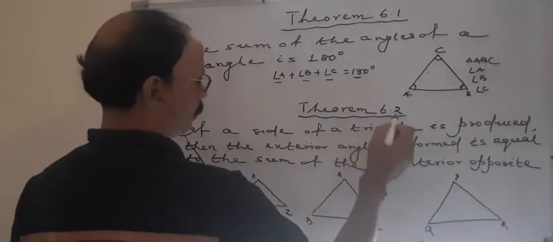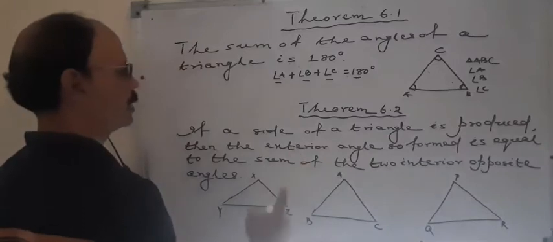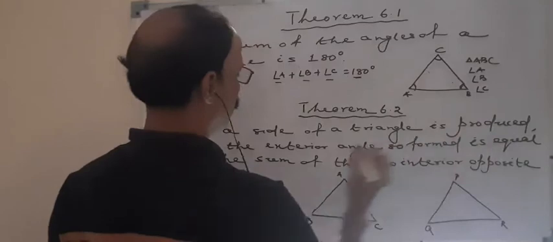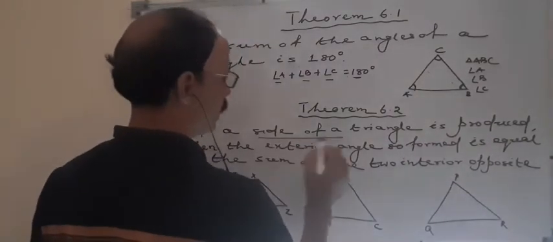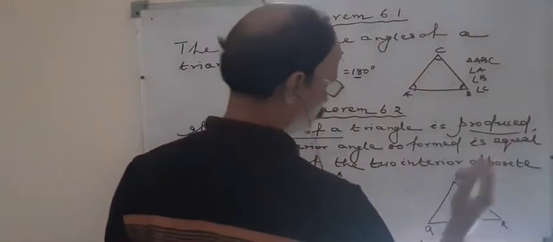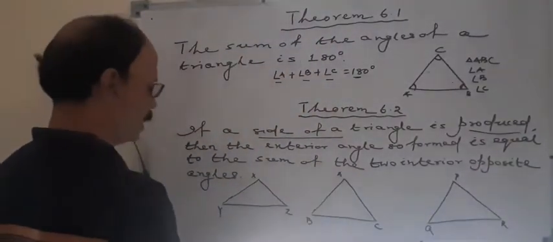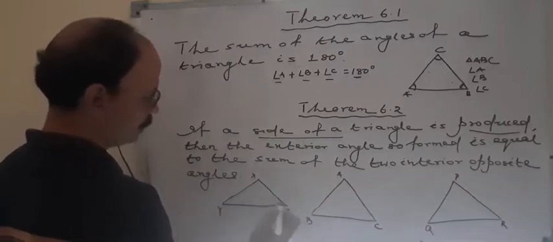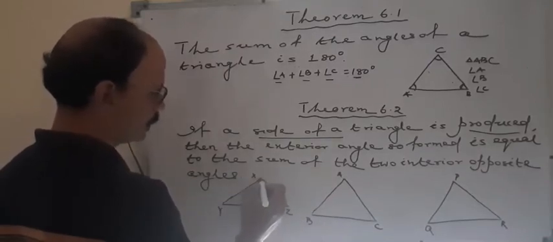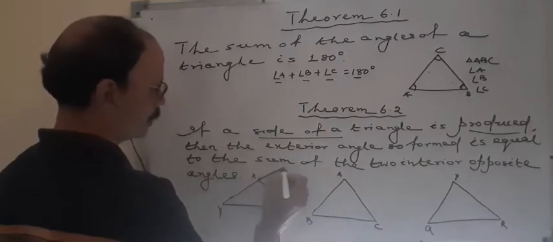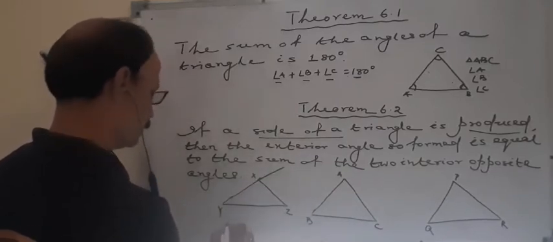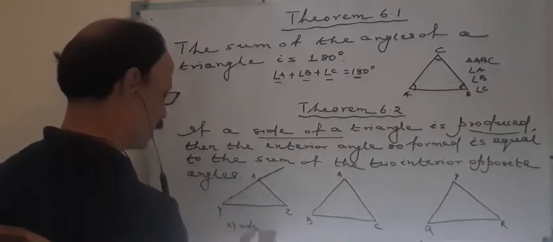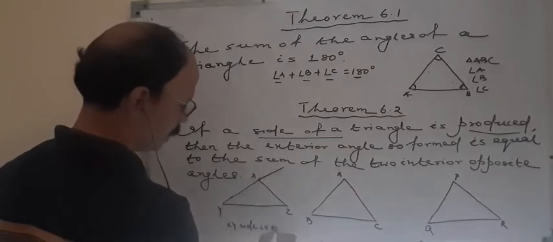Now let's proceed for theorem 6.2. Theorem 6.2 says if a side of a triangle is produced. Produced मतलब extend. Suppose this is a triangle that is X, Y, Z. We extend this side. Which side? XY side is extended.